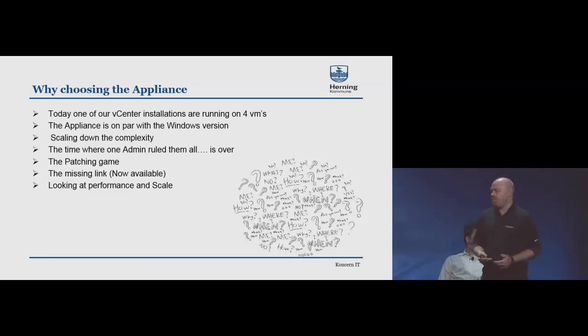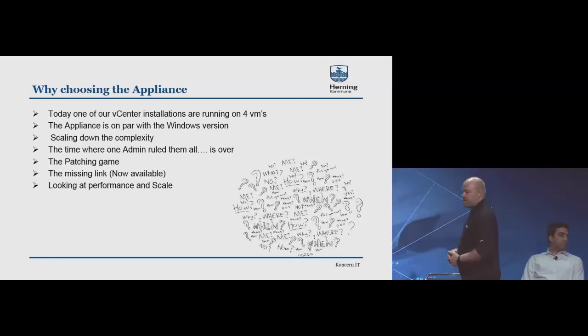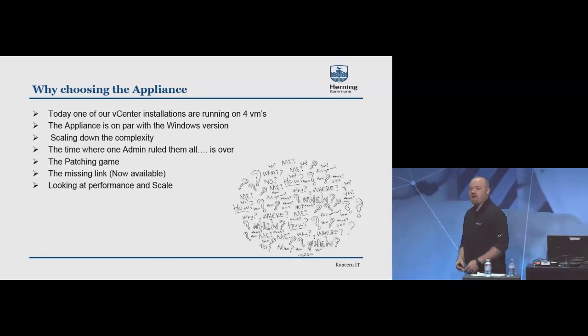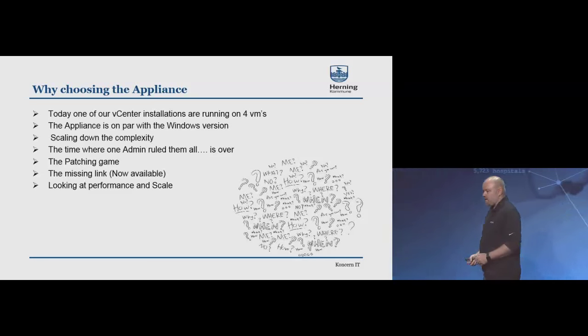I have always followed VMware's best practice. That means when they told me to distribute my vCenter, I did it. And about 6 months later, they told me I should consolidate my vCenter. And of course, I said, perfect, how do I do that? And the answer from VMware: you can't.